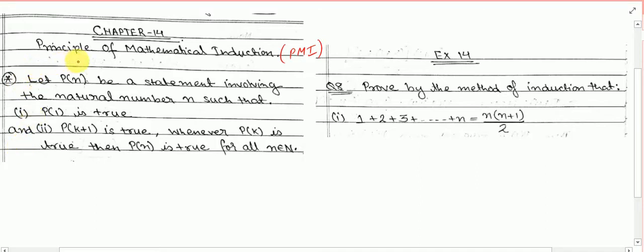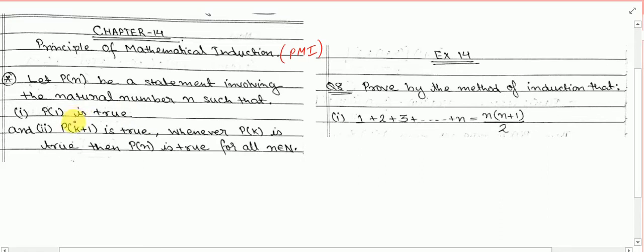Here it's written: let Pn be a statement involving the natural number n. So this statement will be denoted as Pn, because it involves the natural number n. Clear? So the given statement will be denoted by Pn, where n is the natural number.